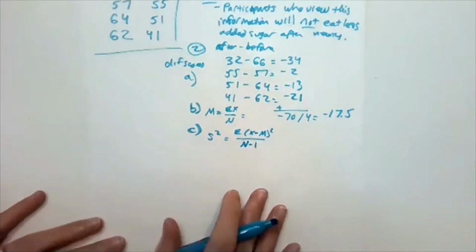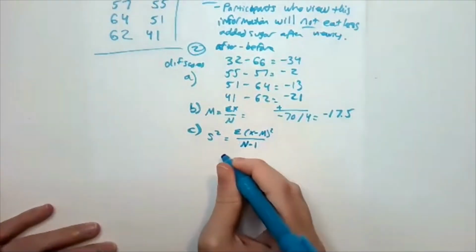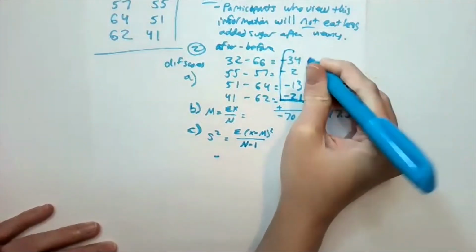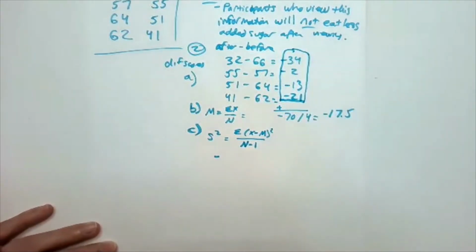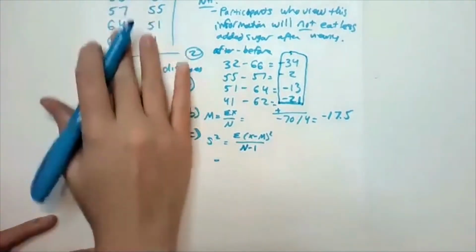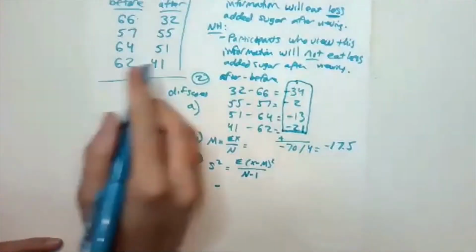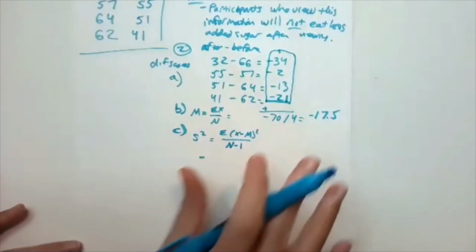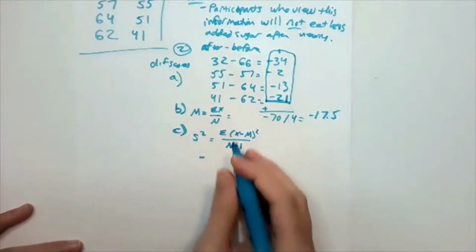And so if I set this up, we're going to use our difference scores. At this point, we basically use our difference scores as if this is all we have now. We're going to forget about our earlier before and after scores, and we're only going to be using our difference scores from the point that we calculate them on.